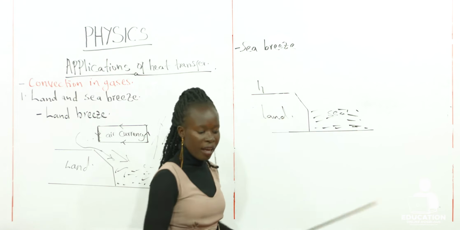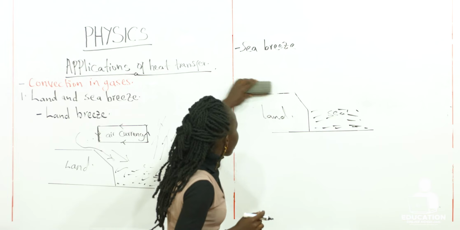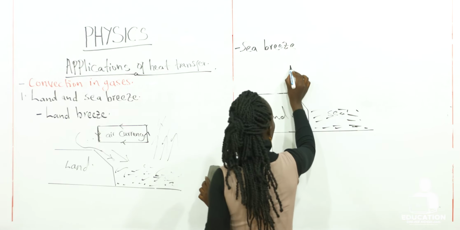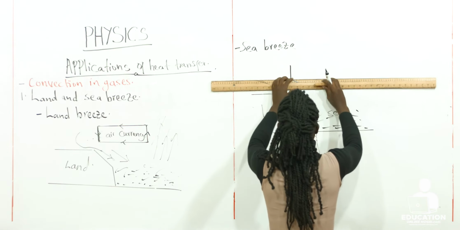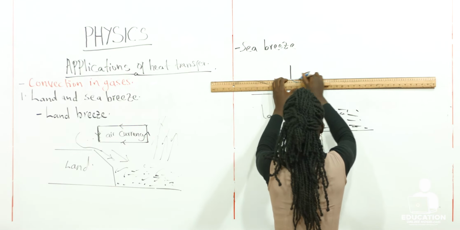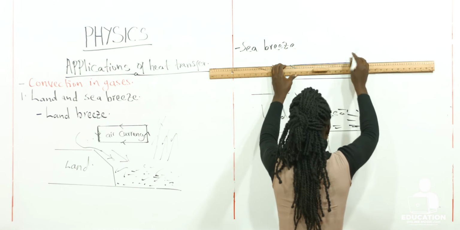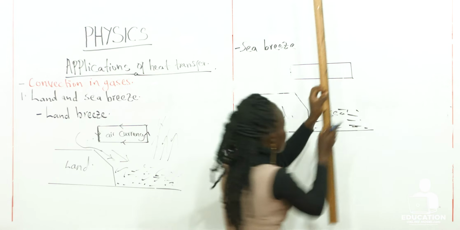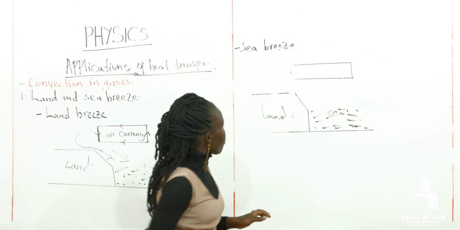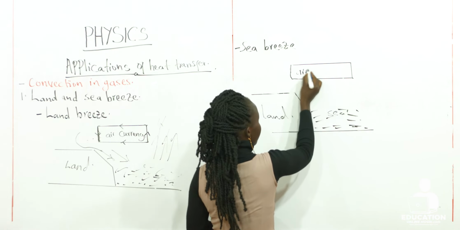We still have the current also circulating on top of the land and the sea. So if we have it here, we are taking this one to be our air current.